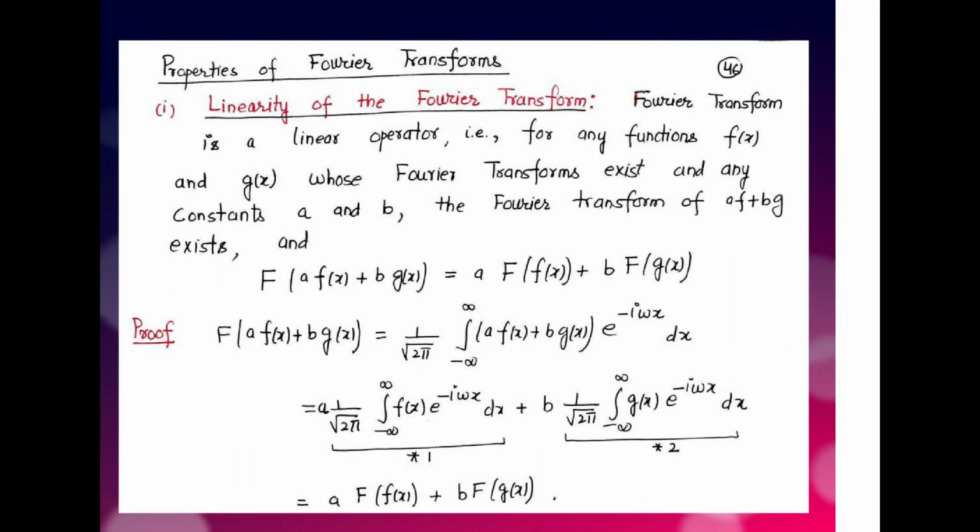We can separate this function a f plus b g of x. Now we have two integrals. I have marked them as star 1 and star 2. The first expression is the Fourier transform of function f of x, and the star 2 expression is the Fourier transform of function g, and hence we have the result.